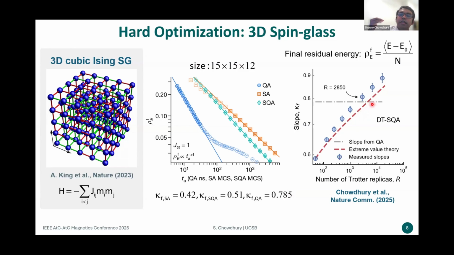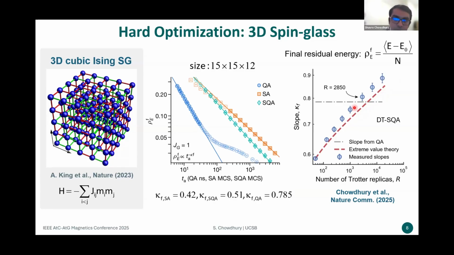We also had a theory based on extreme value theory, with which we are able to explain the behavior of this curve, and it is almost getting there. The other problem is that the number of replicas required to match the quantum annealer is huge.